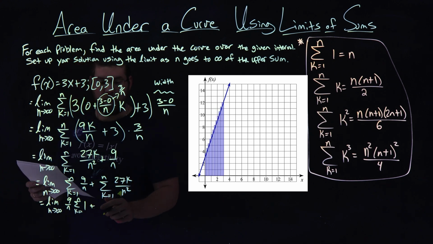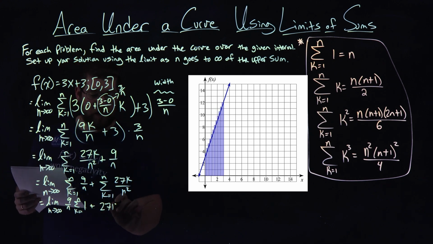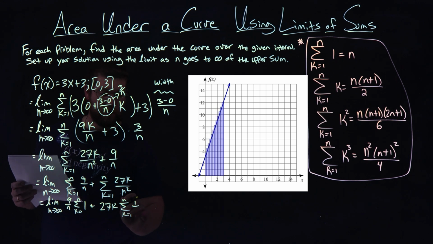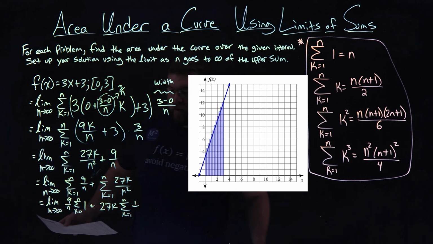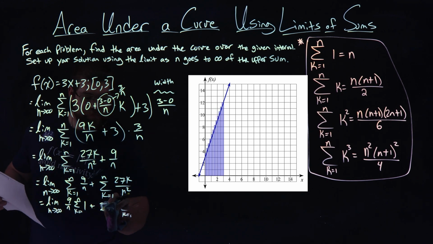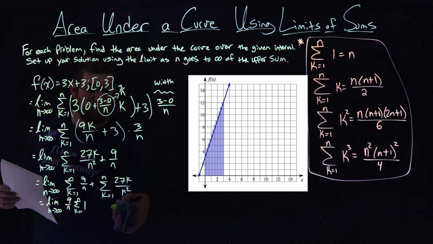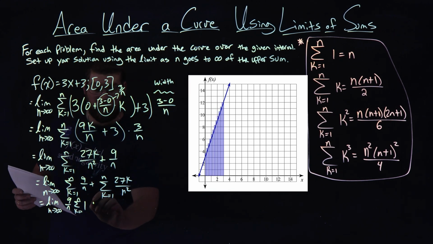Same thing here, we're going to pull out the 27k, 27k here times the sum k equals 1 to n of just 1 over, oh, we pull out the n, not the k. See, I always do this. It's okay, we all make mistakes, right? Bear with me if you're one of the few viewers of this video.